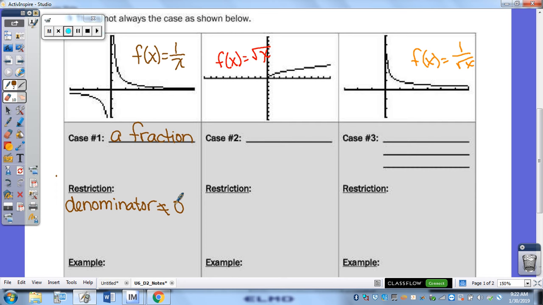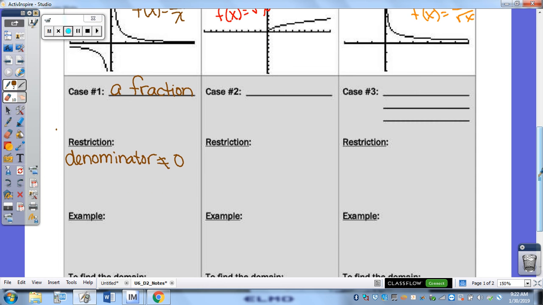Because remember, you can't have a 0 in the bottom. If we had a 0 in the bottom, it would be undefined. 0 in denominator is undefined.